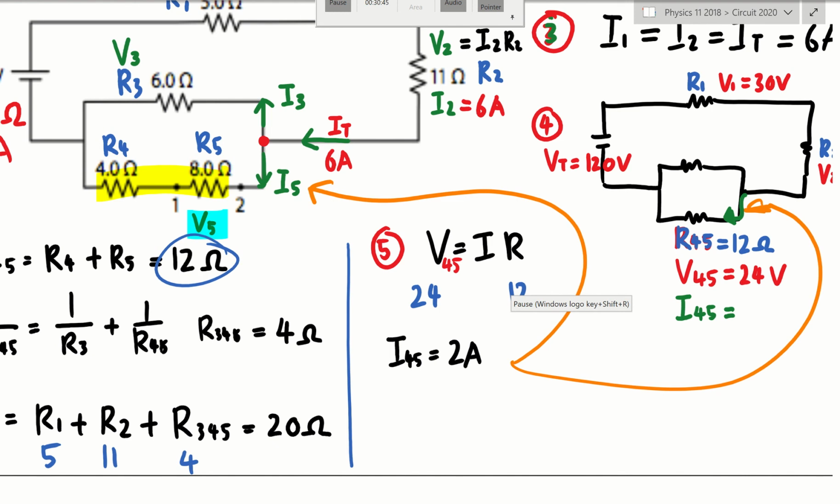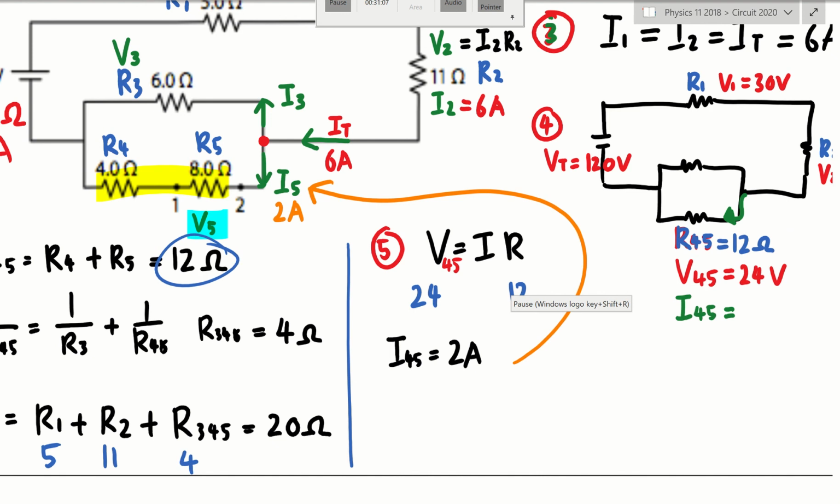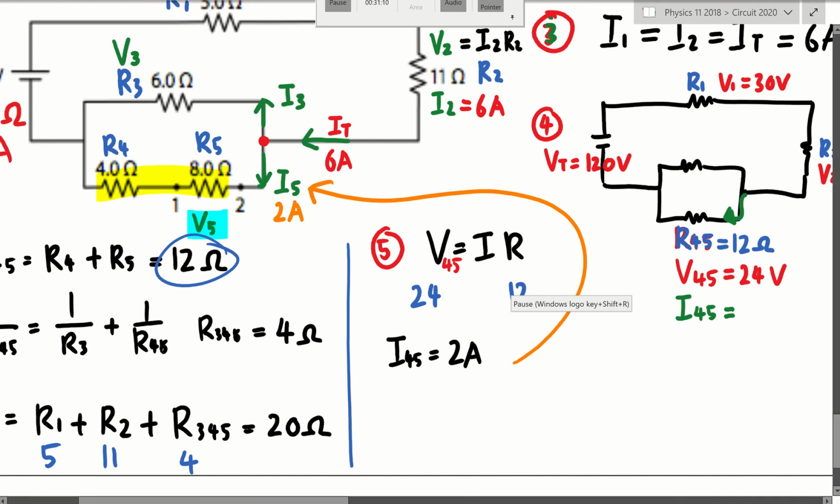If you combine these two in series, you'll have the same amount going down compared to this. These are exactly the same thing. So that means I5 is also 2 amp, and I4 is also 2 amp in this case. So 6 amp go in, 2 amp go down, so 4 amp goes up. We can write it down, but we actually don't need that number right now.